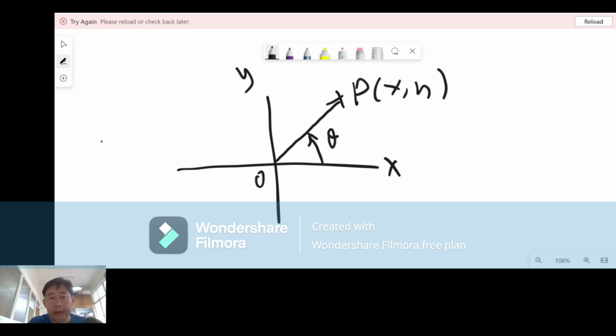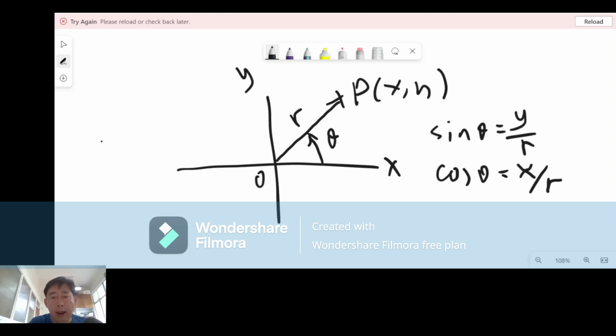So here the value of sine is defined as the ratio of x over r, where r is the radius of the point P from O, and also cos theta is defined as, sorry, I think I made a slight typo here. So sine should be y over r and cos theta should be x over r.